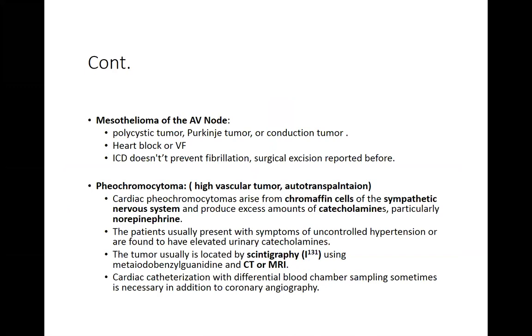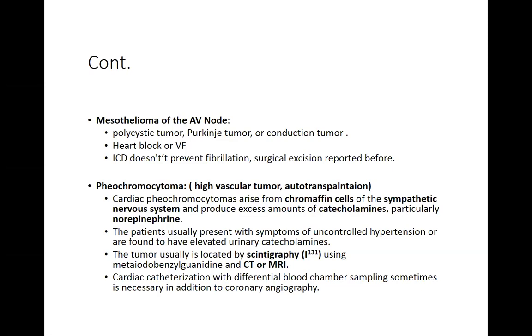Pheochromocytoma is another very important tumor. It's highly vascular, and sometimes you have to do autotransplantation because it's usually located in the posterior pericardium or posterior mediastinum. Cardiac pheochromocytoma arises from Kaufman cells of the sympathetic nervous chain and produces excessive amounts of catecholamines, particularly norepinephrine. The patient usually presents with symptoms of uncontrolled hypertension, like any pheochromocytoma.